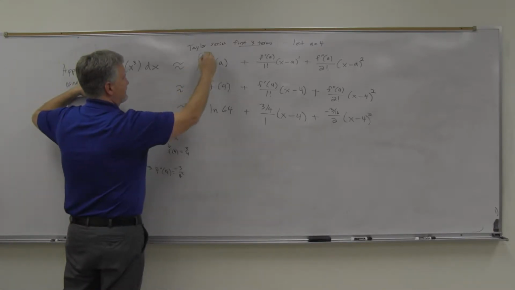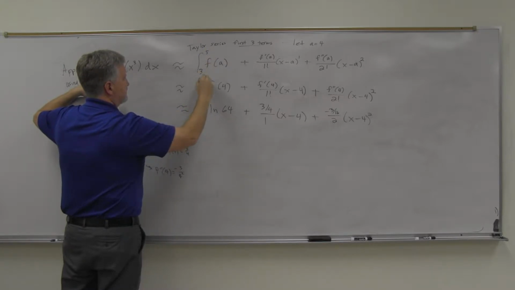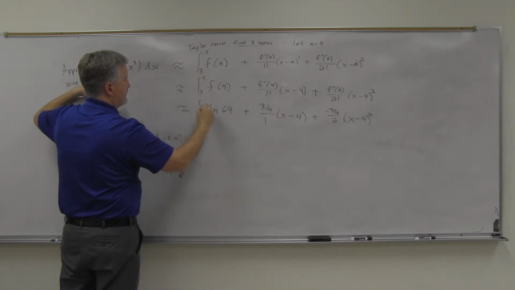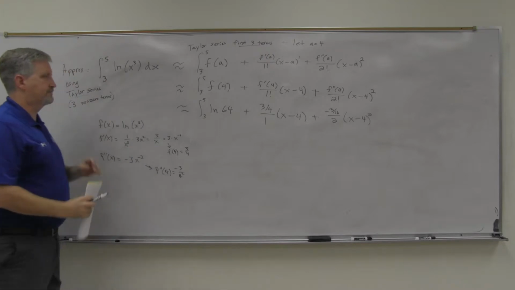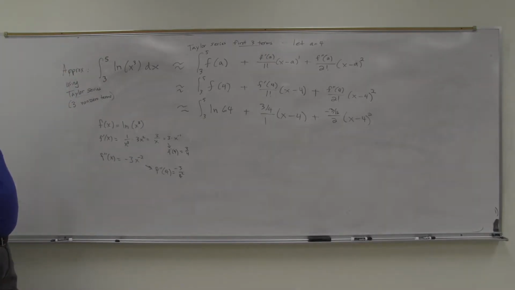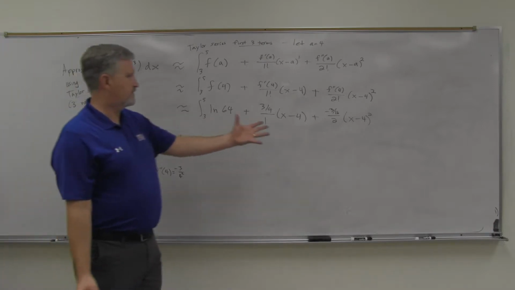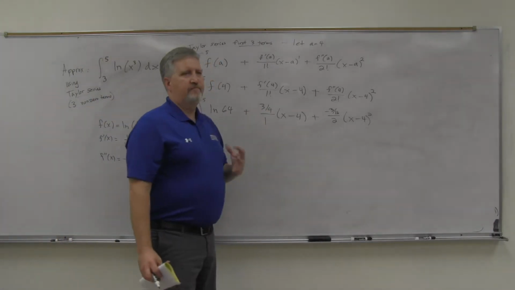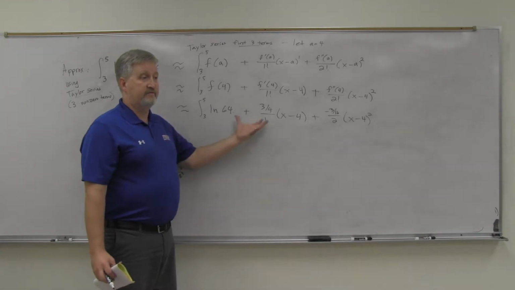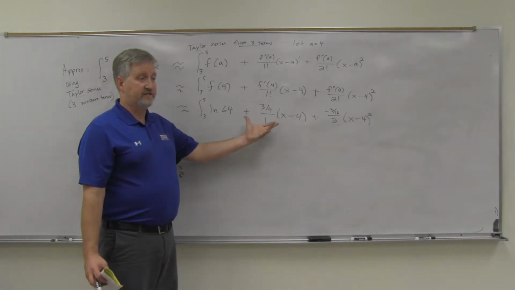So I'm doing the integral from 3 to 5 of these, not just evaluating them. You can go ahead and multiply those out, but probably the easiest thing here is just to integrate right here, just like it is.